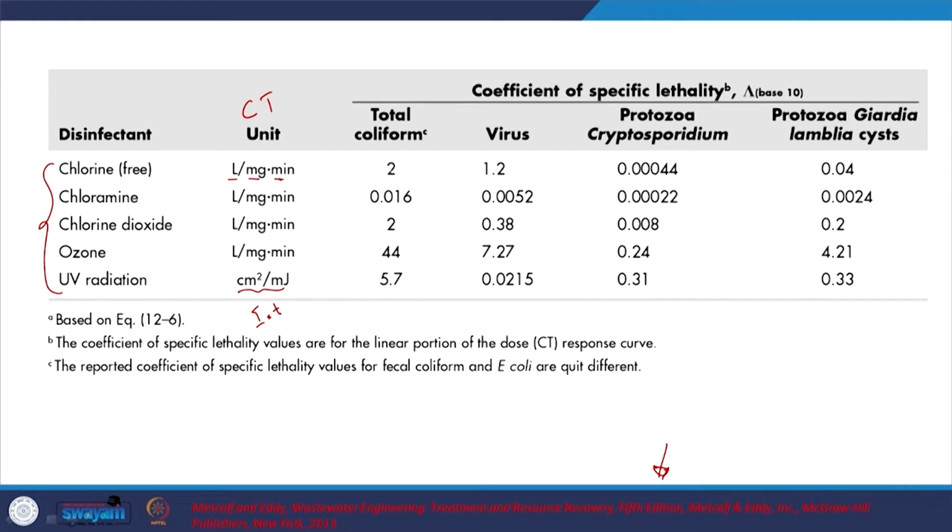Here we have different types of microorganisms of interest. Total coliform. When did we come across total coliform? I think we looked at this in the context of water quality. Total coliform will give us an idea about the quality of the water, in the sense that they are indicator organisms for microorganisms or pathogens that live in the intestines of warm-blooded animals.